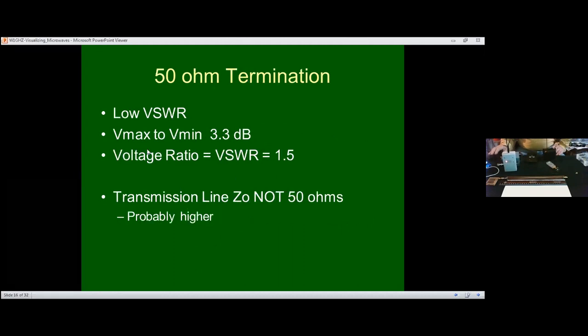And with the termination, low VSWR, when I measured it was 3.3 dB, which is 1.5, not perfect, but these are the hobby tubing I had on hand. With 100 ohms, it was 2.7, so it's not 100 ohms. And with 68 ohms, it was a little better. But again, there's a connector on the end, there are some mismatches, so it's never going to be perfect, except by luck.